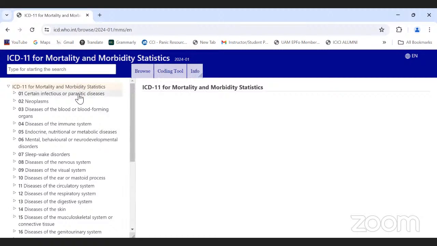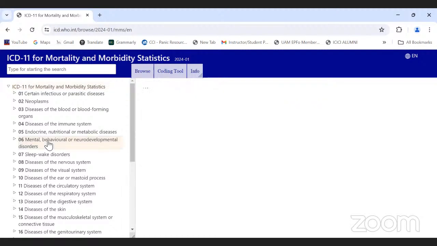Chapter one has infectious diseases, chapter two has neoplasms, chapter three has diseases of the blood, like that. Now chapter six, you can see, is our chapter: mental, behavioral, or neurodevelopmental disorders.